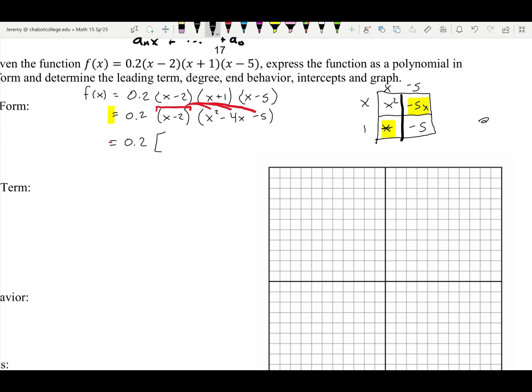And it looks like this. x squared times (x minus 2) minus 4x times (x minus 2) minus 5 times (x minus 2). And then I'll just distribute this x squared in, I'll distribute the negative 4x in, I'll distribute the negative 5 in, and I get 0.2 times x to the third minus 2x squared, and so on.